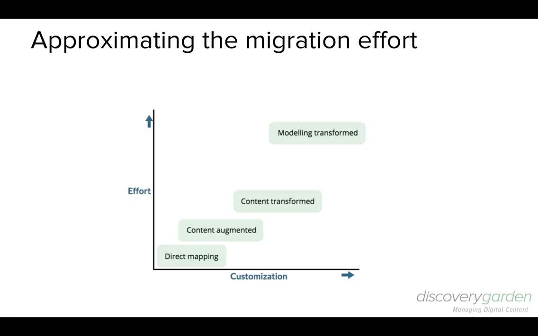Finally, the part of the project that could really increase effort is the transformation of the content models. Modeling transformation, I think of as changing the core structure of your content types. That would be something like splitting records in two or into multiple records.